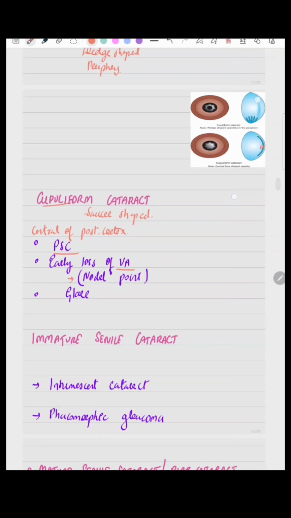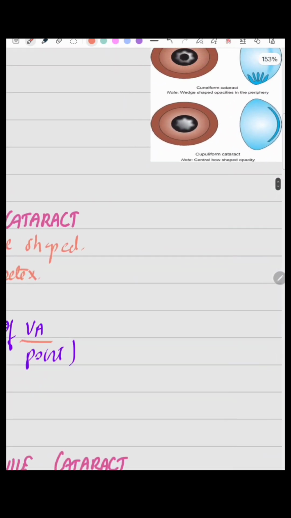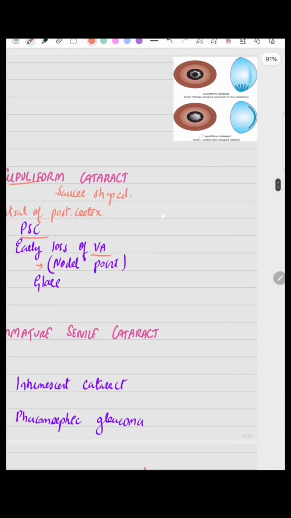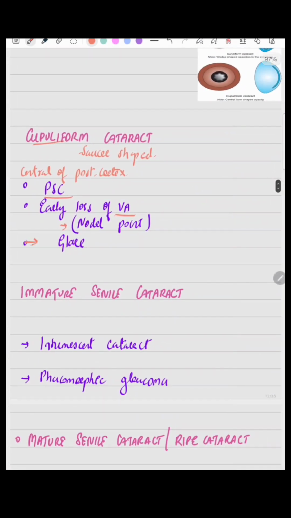Patients are characteristically troubled by glare, and symptoms are increased by miosis, that is constriction of the pupil, because the opacity is in the center, such as during near vision or in bright sunlight.